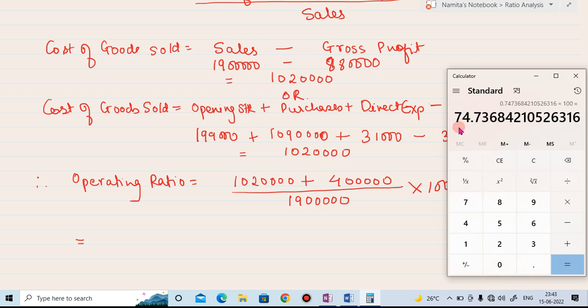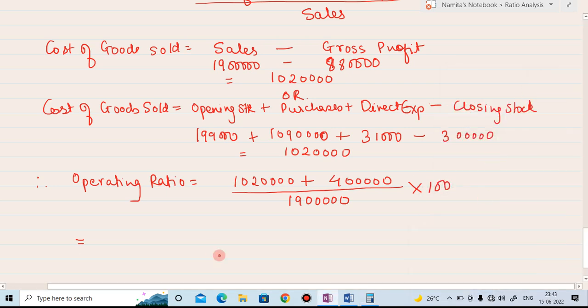So we get 74.73%. 74.73% is the operating ratio.